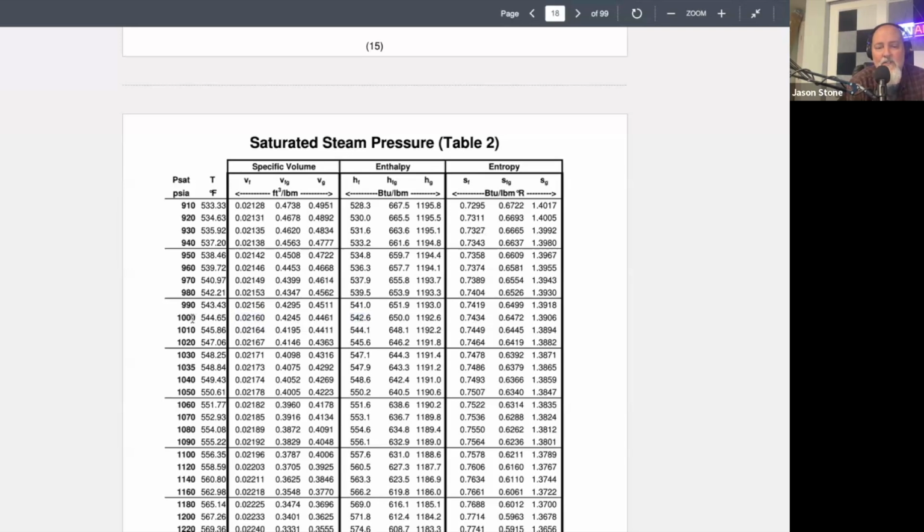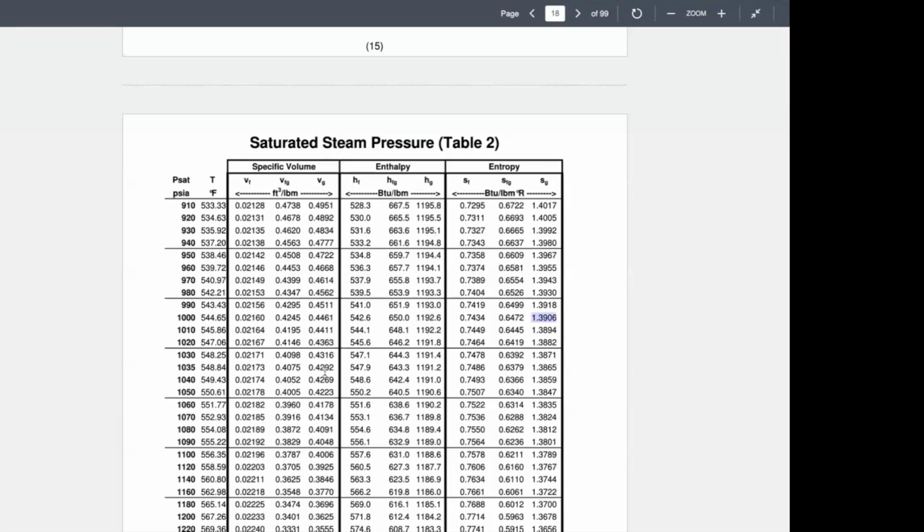Now, if it was 100% steam, which means the temperature is greater than 544 degrees Fahrenheit, because anything above 544 degrees Fahrenheit is superheat, which means it's already all turned to steam, then you're looking at V sub G, H sub G, and S sub G, entropy sub G. The G stands for gas.